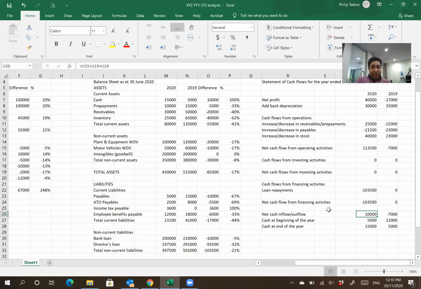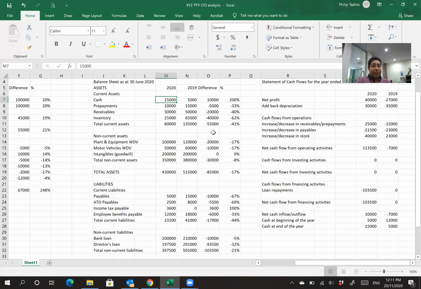Now we take the cash at the beginning of the financial year, which is $5,000 in 2019. So we add the cash at the beginning of the financial year, and then you come to the cash at the end of the year of $15,000, which should then reconcile with your cash amount for the year ended 30th of June 2020.